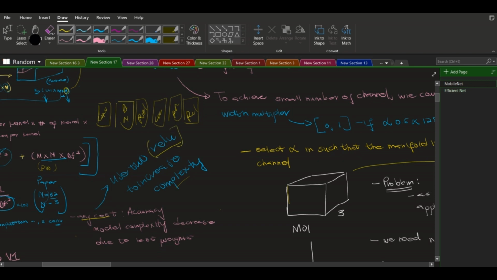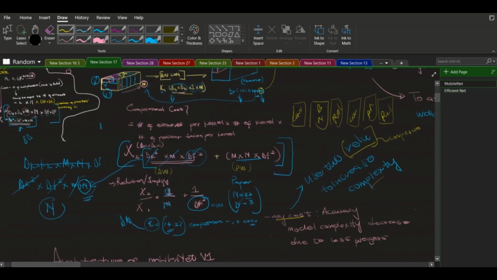Because ReLU adds complexity, that non-linearity. Essentially, it compensates for this loss of accuracy. It does compensate, right? It helps us gain that small accuracy that we might have lost if we were just using this.